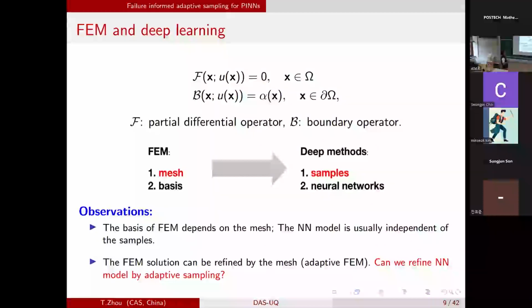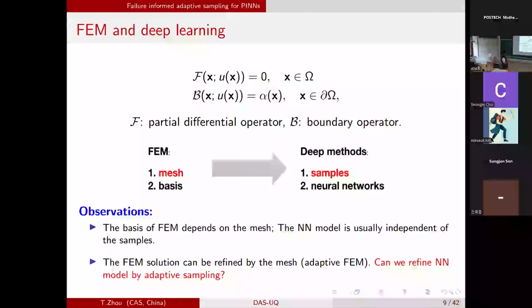But here in deep neural network approximation, we use neural network functions as the approximation framework. And then we need samples to train this neural network function. The samples should be a good sample set in the domain. Good means that it should coincide with the solution, not necessarily uniformly distributed.